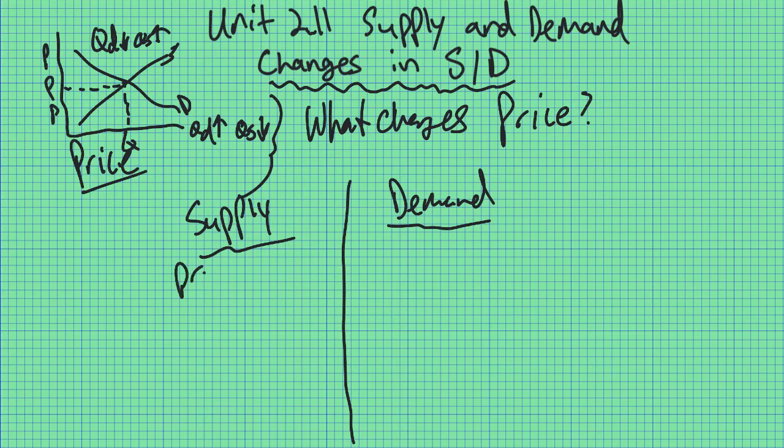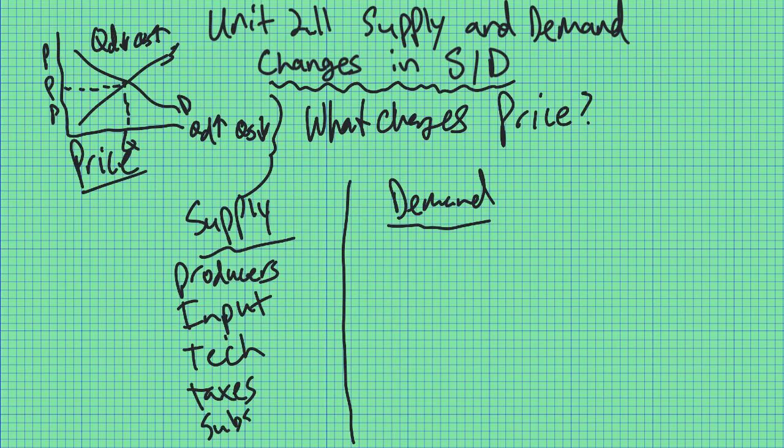So the number of producers, input costs, right? Technology could shift those things, taxes, subsidies, all these different things could change the supply curve. And for the demand curve, it could be like the number of people, right?